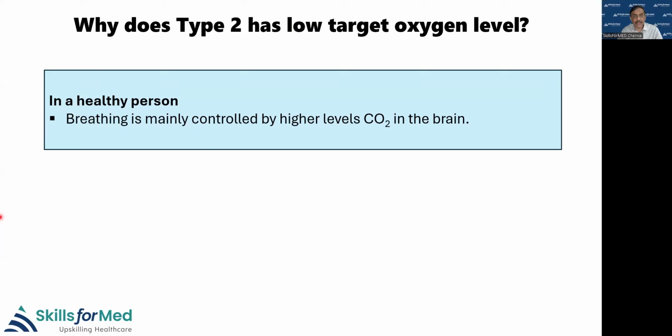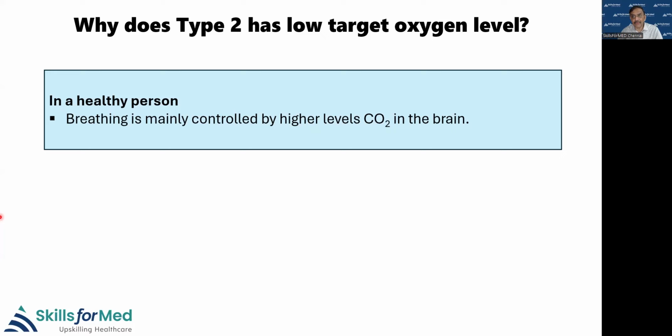This is a question we need to understand so that we are careful to give them lower oxygen, so that they reach the target and do not exceed it. In a healthy person, breathing is maintained by the levels of carbon dioxide in the brain.